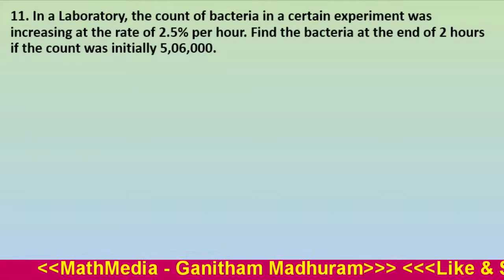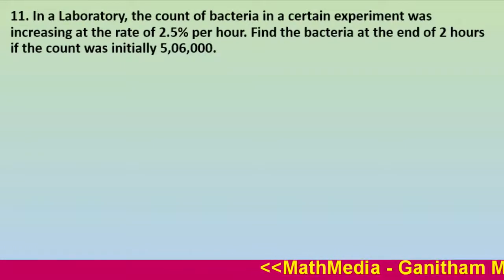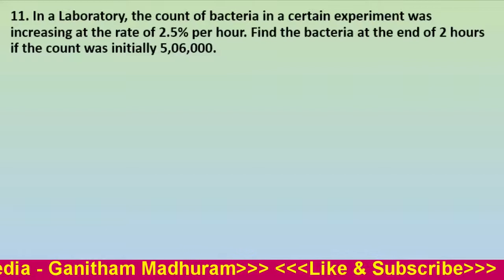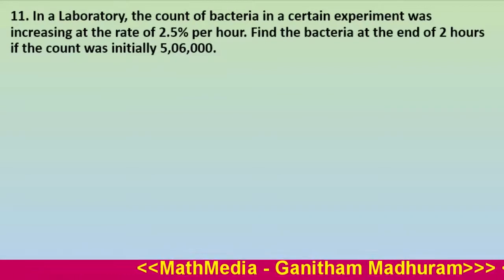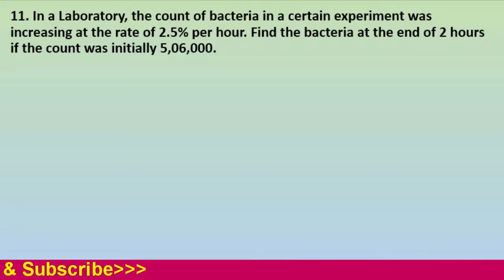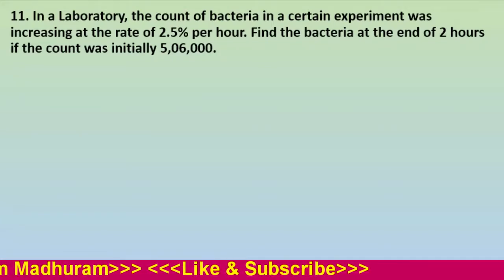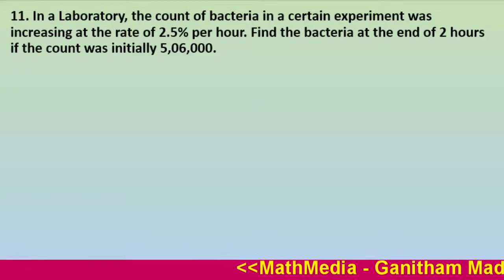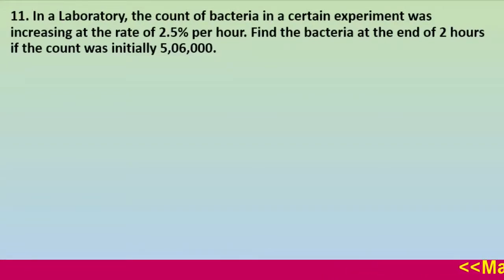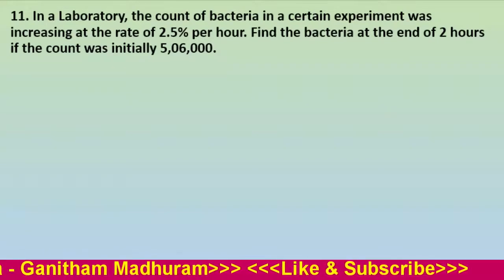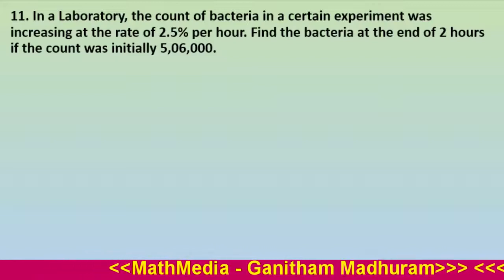So here the initial count of bacteria is given, that we take as our principal, and the increasing rate is given, that we take as the rate of interest R. That is, the increasing rate we take as R, and time is 2 hours. So we can take n equal to 2 and apply this information using the compound interest formula.